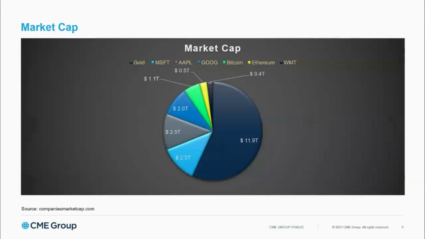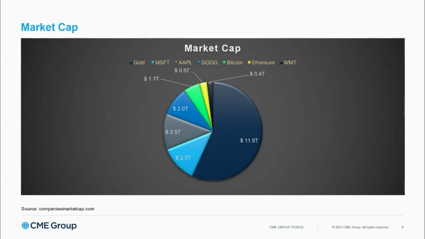And I love this slide because it puts cryptocurrency, especially Bitcoin and Ether, into perspective of just how large these markets are. When you look at the market cap of gold, gold has almost a 12 trillion market cap. It's enormous. When you look at Microsoft, Apple, Google, they're in the trillions. But right behind that, you see Bitcoin, now at around 800 billion, and Ether is at just under 400 billion.